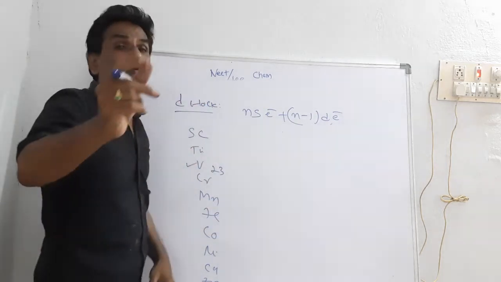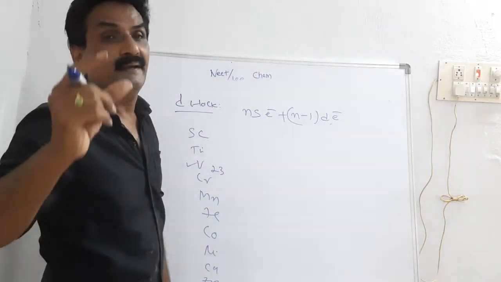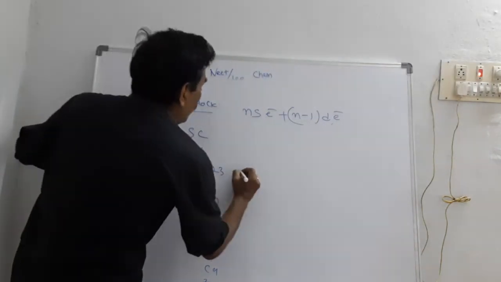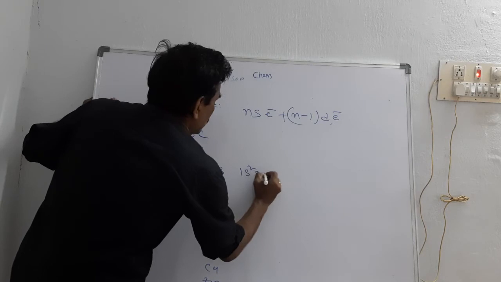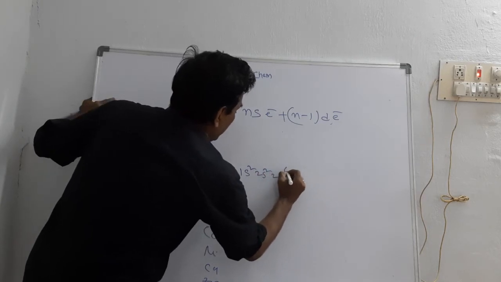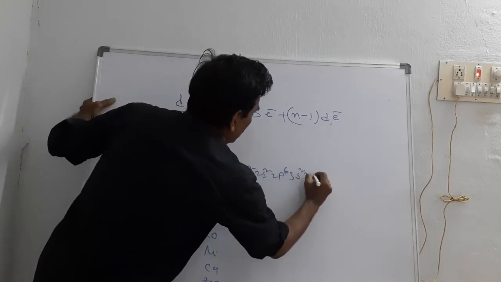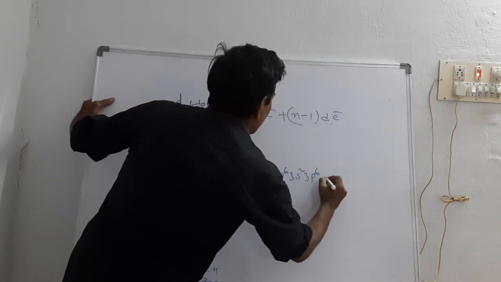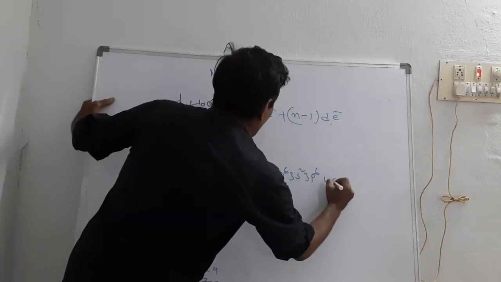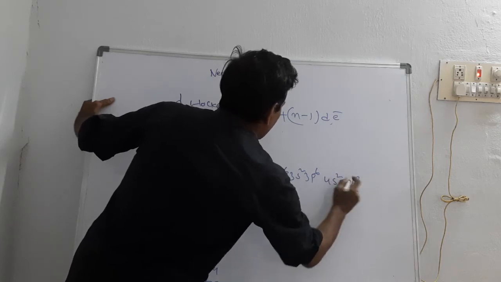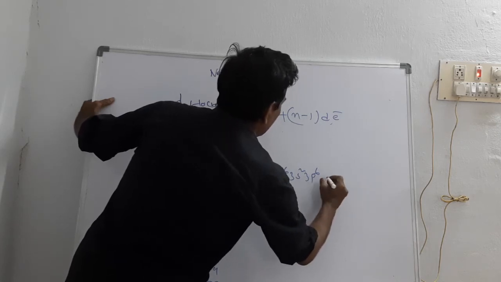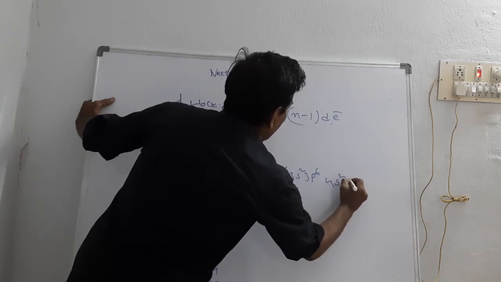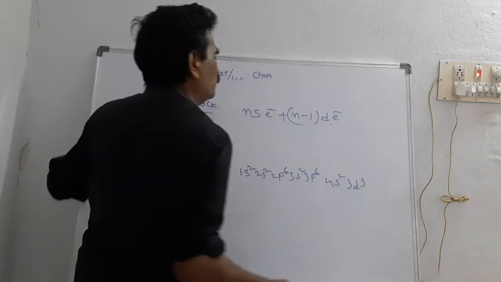I want to know the group number of vanadium. 1s2, 2s2, 2p6, 3s2, 3p6, 4s2, 3d3, or 3d3, 4s2.